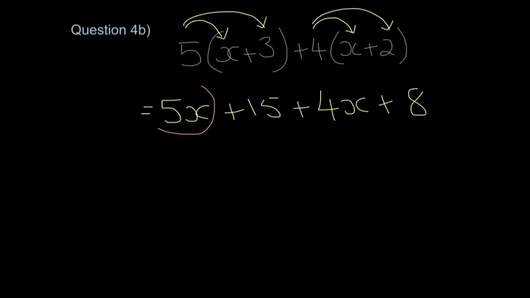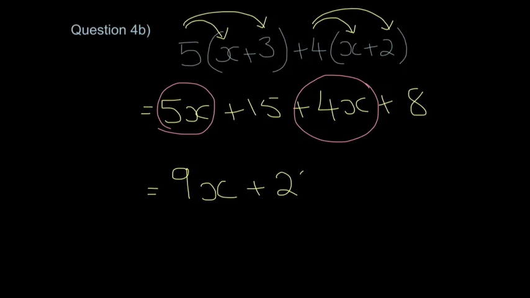So we've got 5x and 4x. 5x plus 4x, or 5 plus 4, gives us 9x altogether. What we have left over is just numerical values, just 15 plus 8. 15 and 8 add up to 23. So in the end, that big long complicated sum is just 9x plus 23.